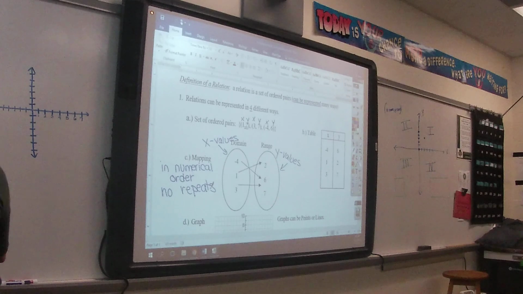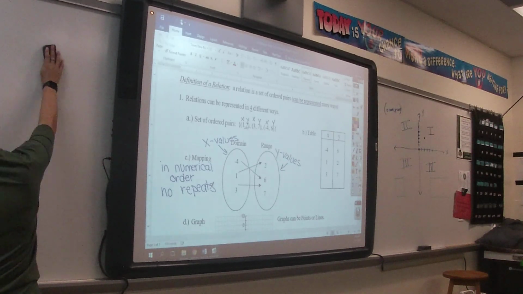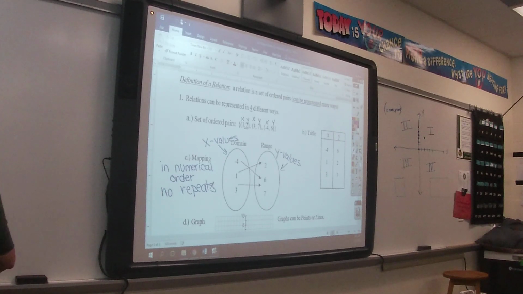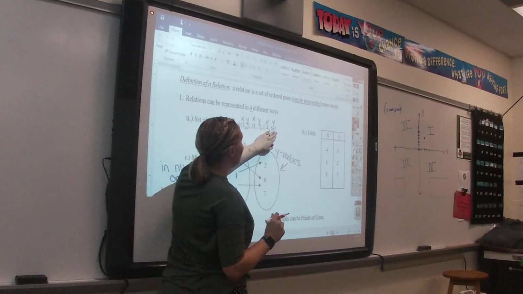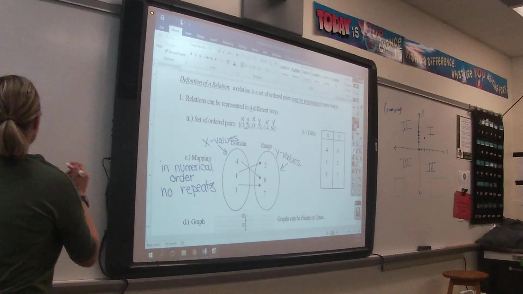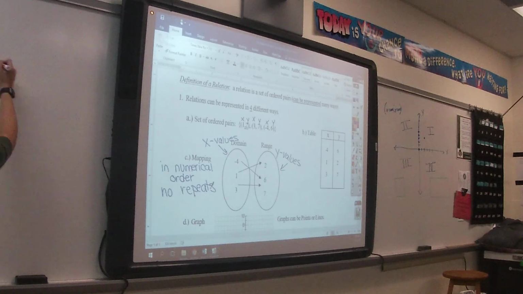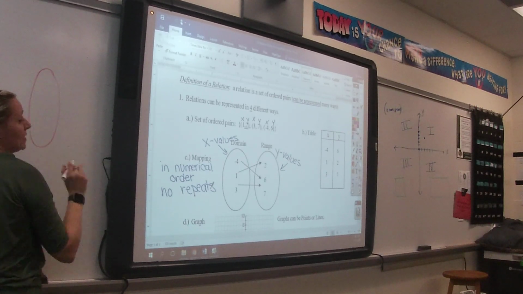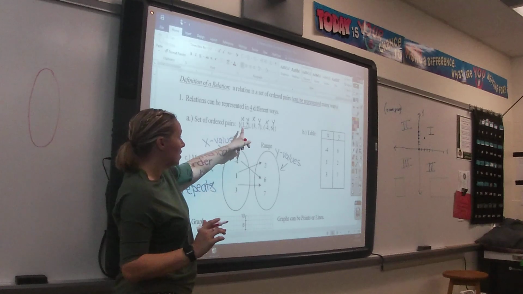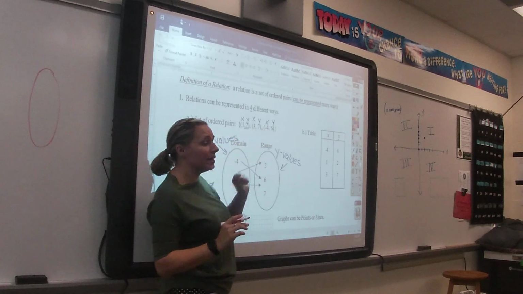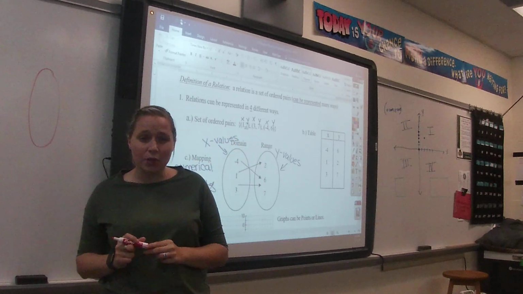Okay, so I'm going to show you where that mapping came from. If I look at these ordered pairs up here, my original representation, I'm going to go down the list and take just the X values. So 1, 3, and -4 are just the X values.